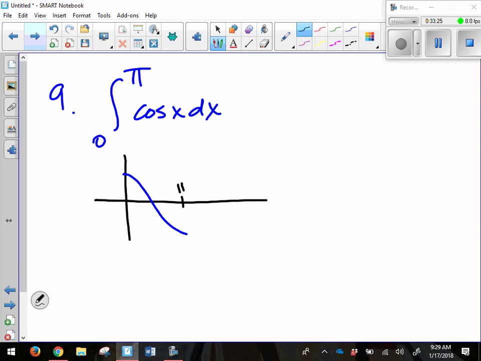And here's going to be pi, and here's going to be pi over 2. And the area that we're calculating looks like that. It is going to be 0 because you've got half of one of those peaks above the x-axis and half of one of them below the x-axis.